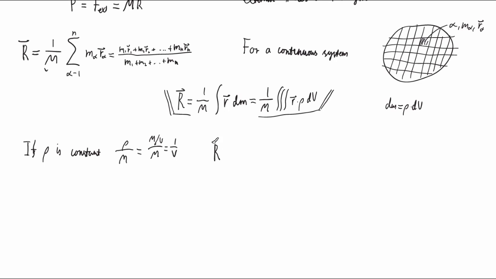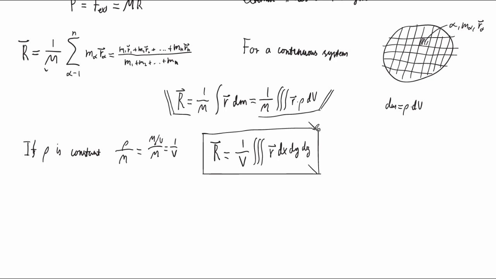So the center of mass expression for a continuous object with constant density is 1 over V times the integral of r dV, which is of course the same thing as the integral of r dx dy dz.